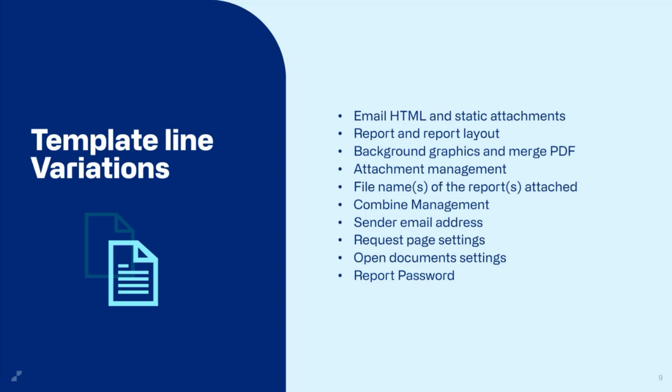We can also vary the reports, as I just mentioned. We can have variations between the different versions on background, so background graphics or any sort of PDF really that we can use as a background. So we will combine the report PDF with the background PDF and flatten them into one.